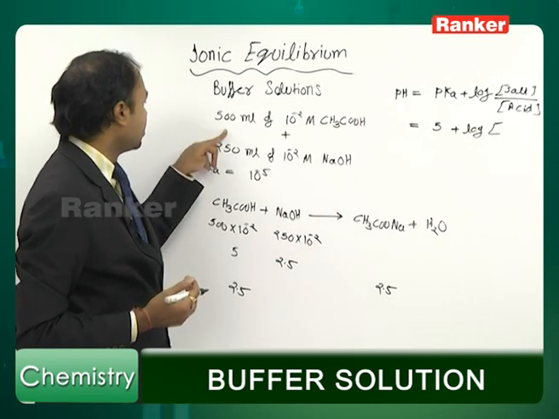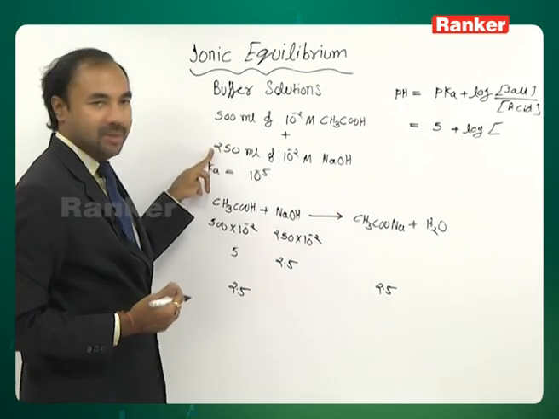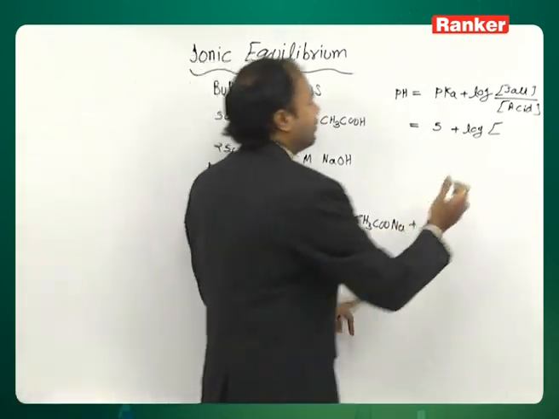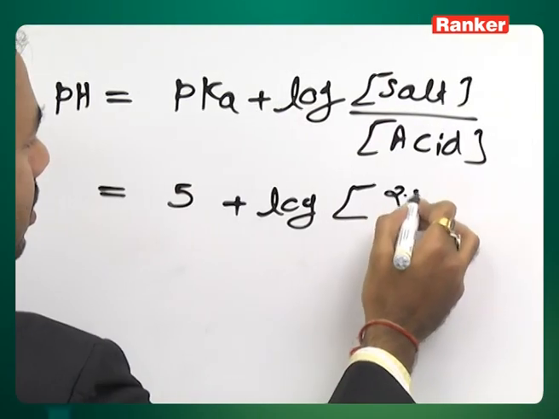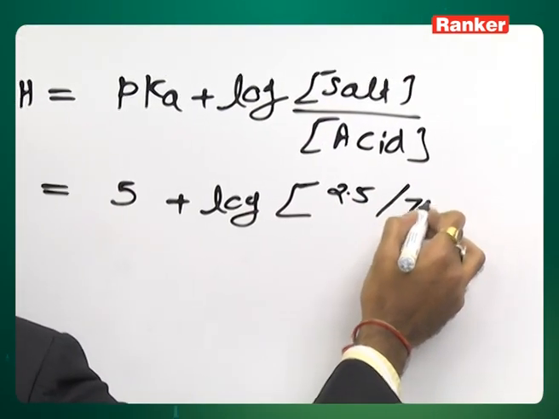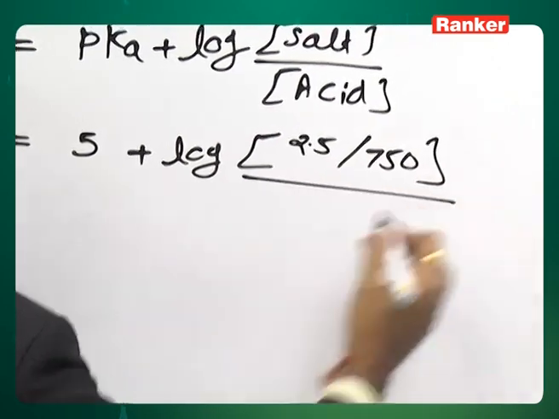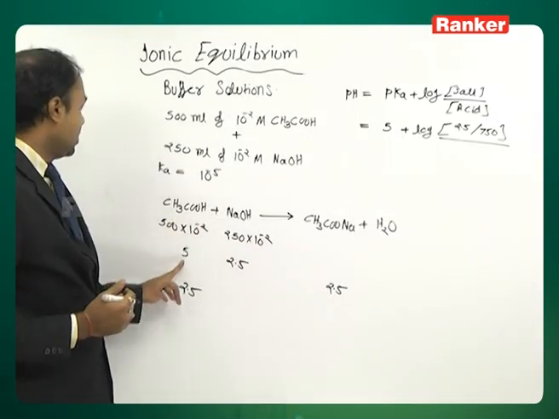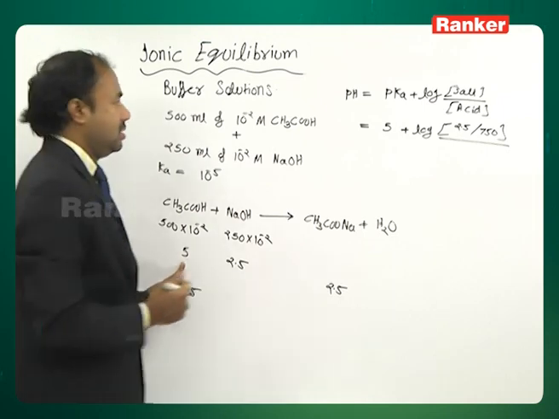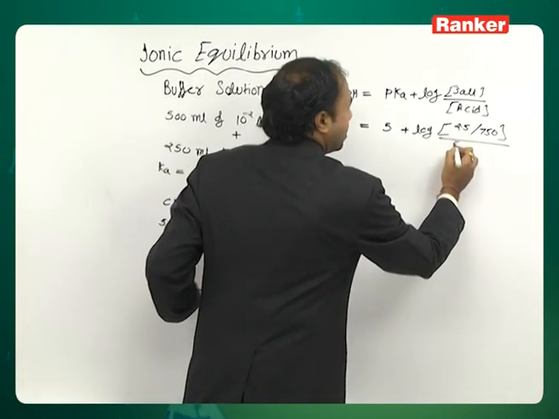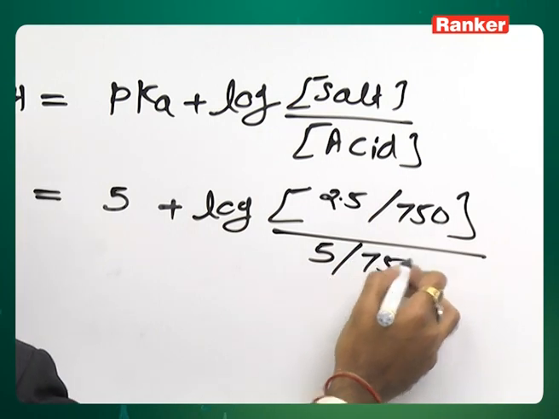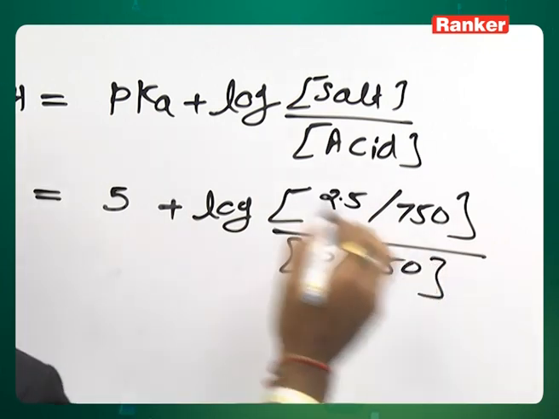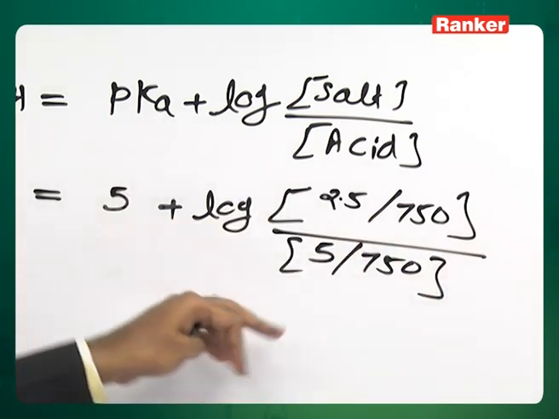So total solution volume becomes 750 ml. So concentration will be 2.5 by 750. Similarly here, upon concentration of acid, 5 millimoles we have got, upon volume 750, this becomes concentration of salt and acid.